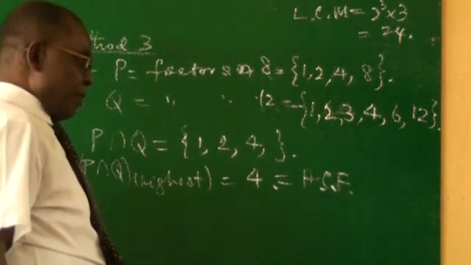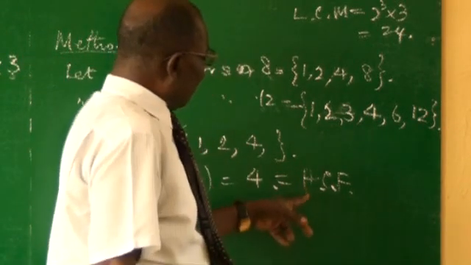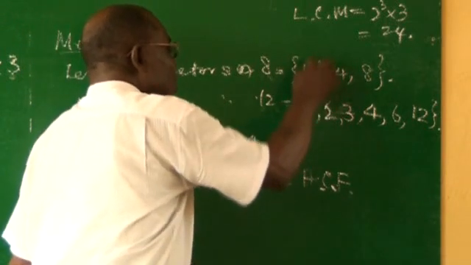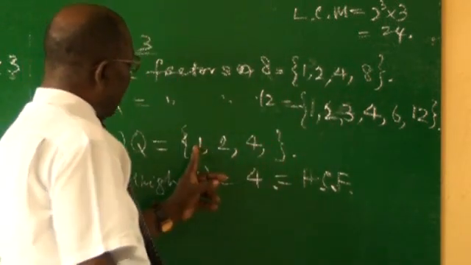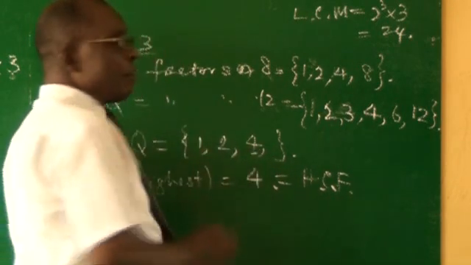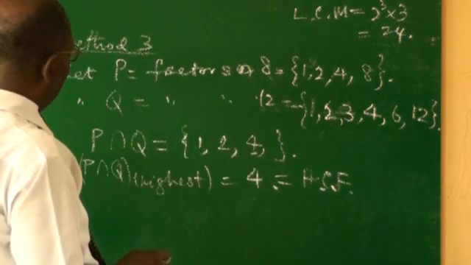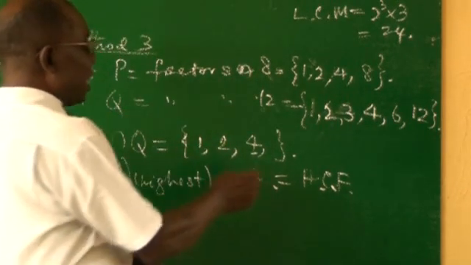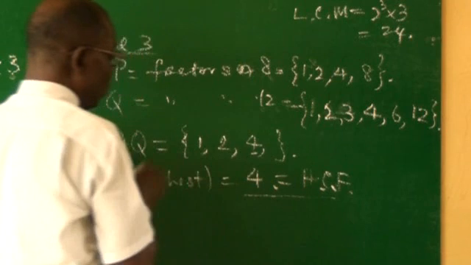What does HCF stand for? H stands for highest. Common. The common factors of these numbers are 1, 2, 4. The highest amongst them is 4. Therefore, the HCF of 8 and 12 is actually 4.